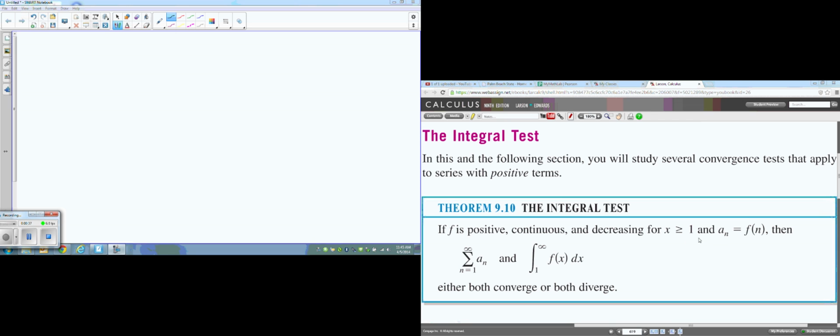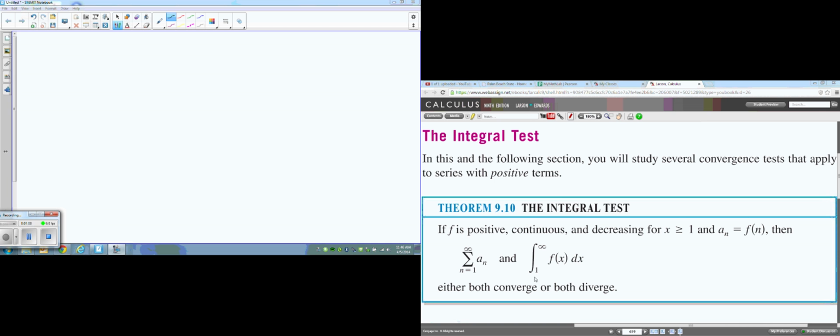And also, a_n, which are the terms of my series, equals f(n) for each n. So for all values of n, the functional value is equal to the value of the term of the series. Then the series and the integral of f of x dx either both converge or both diverge.